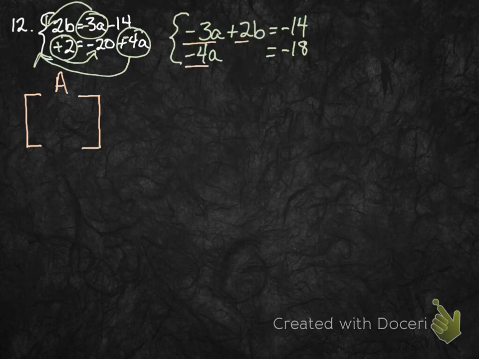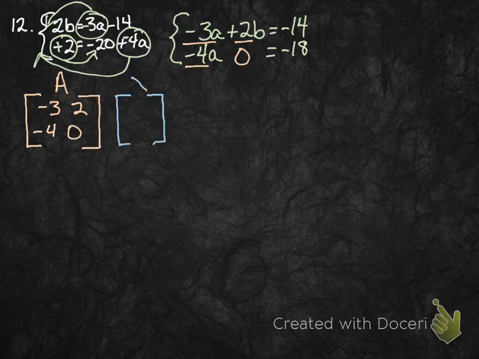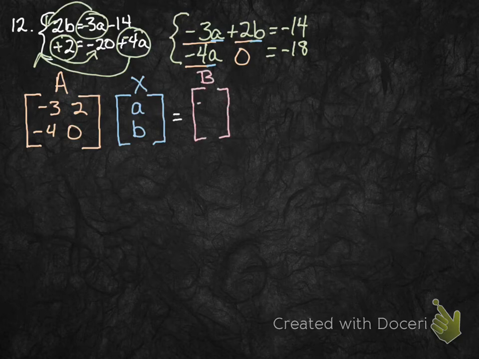So we end up with -4b equals 18. So, writing out our matrices, A is -3, 2, 4, 0. Our variables are A and B. Our matrix B is -14, -18.